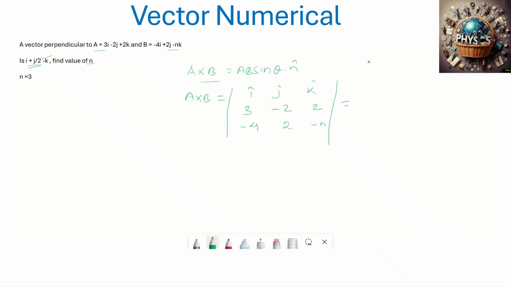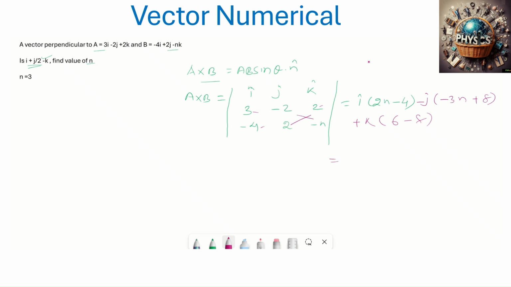This gives us i cap into 2n minus 4, and for j, we'll say minus j into minus 3n plus 8, and plus k into 6 minus 8.